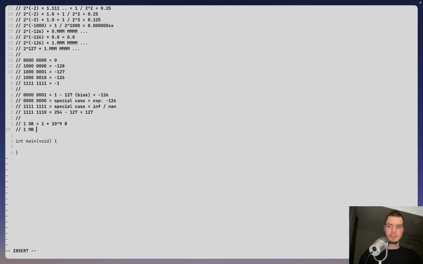Or 1 megabyte would be 1 times 10 to the power of 6 bytes. And for kilobyte, it's the same thing, but 10 to the power of 3.